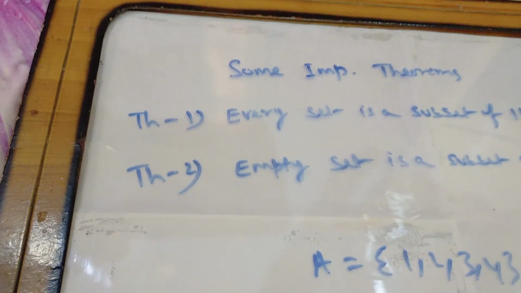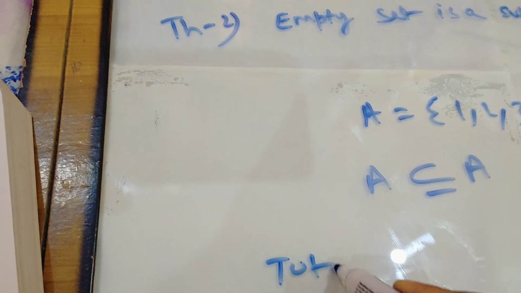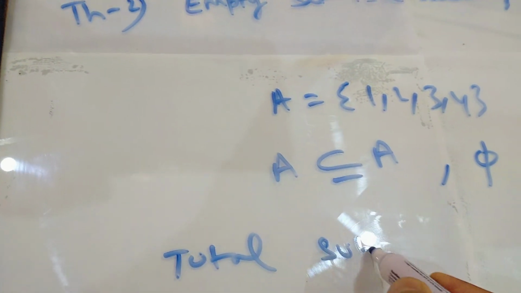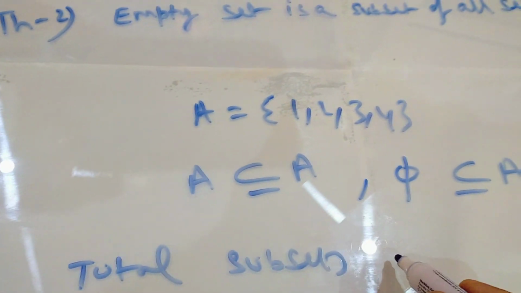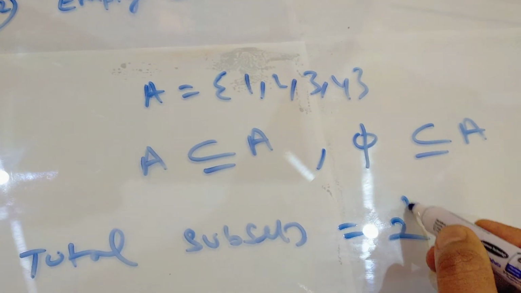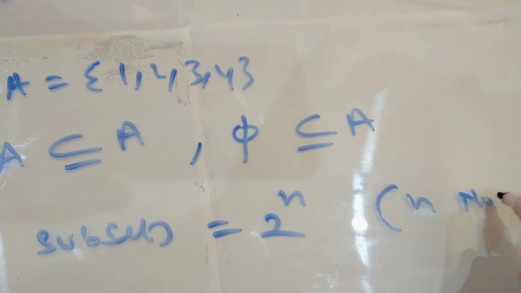Now one rule we have. If you are interested in the total number of subsets, then you can calculate it with the help of this formula, 2 to the power n, where n is the number of elements.